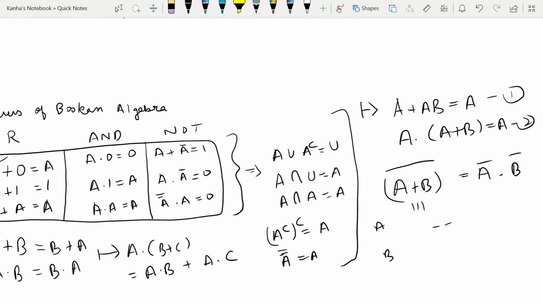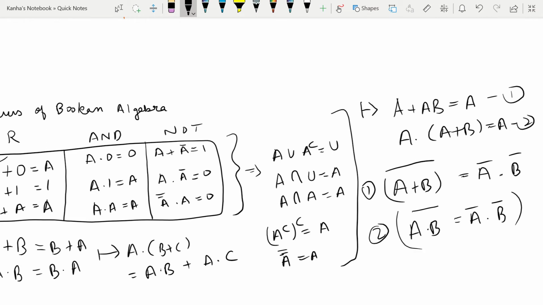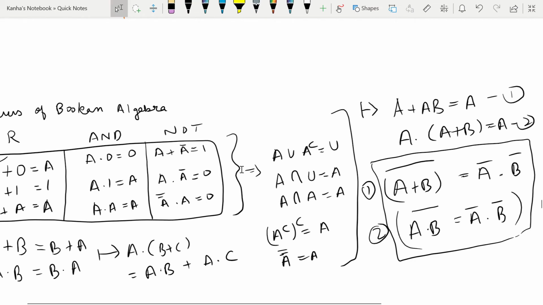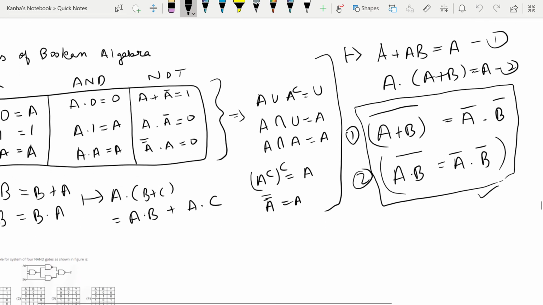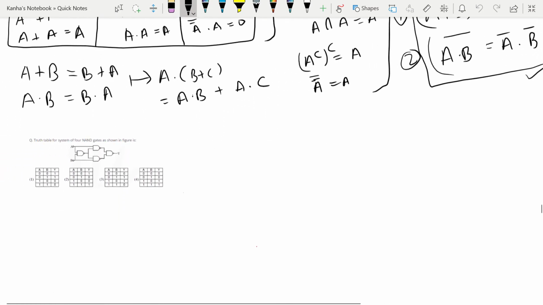So this is the first theorem from De Morgan, and the second theorem says that (A dot B) bar is equal to A bar plus B bar. If you've done set theory, you might remember these forms, and if you've not done set theory, then I request you to just try to see what this means in terms of logic circuits, because this will reduce the time that the problem takes to solve.